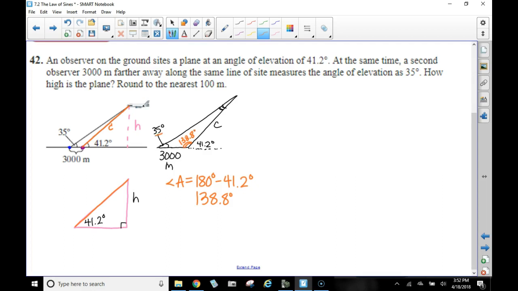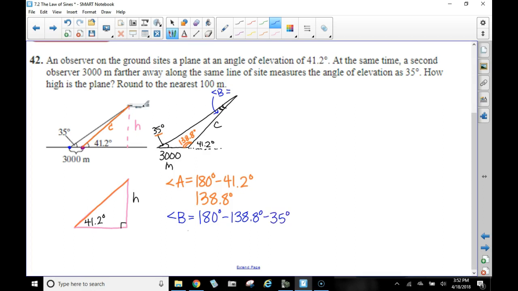So what does that leave us for the angle up top that we need? I'll label that in blue. We'll call that angle B in this triangle. Angle B is going to be 180 less the measures of the other two angles, the 138.8 and the 35.